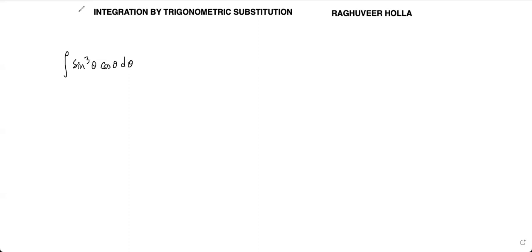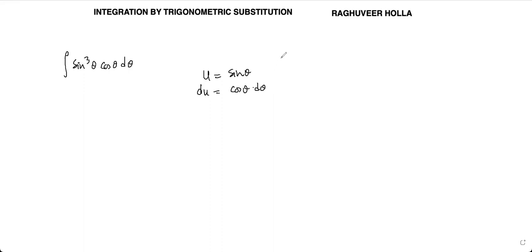Now let us see this. Now this is another part, the problems which you are looking at here. So integration by trigonometric substitutions. If you can see here, sine theta will be helpful for us to substitute as u. So u will be sine theta, so that when you differentiate this with respect to theta, that will be cos theta d theta.